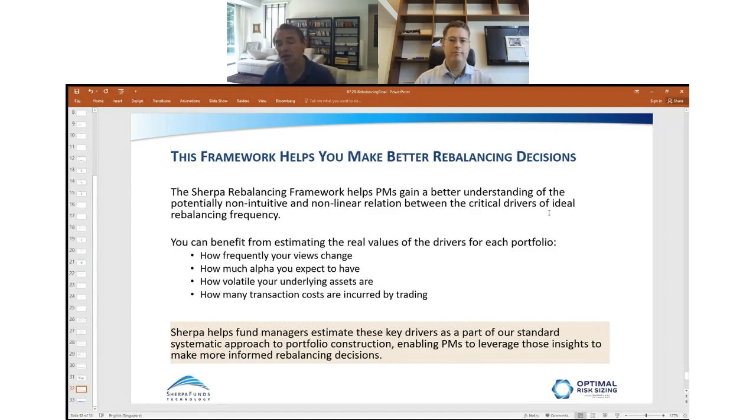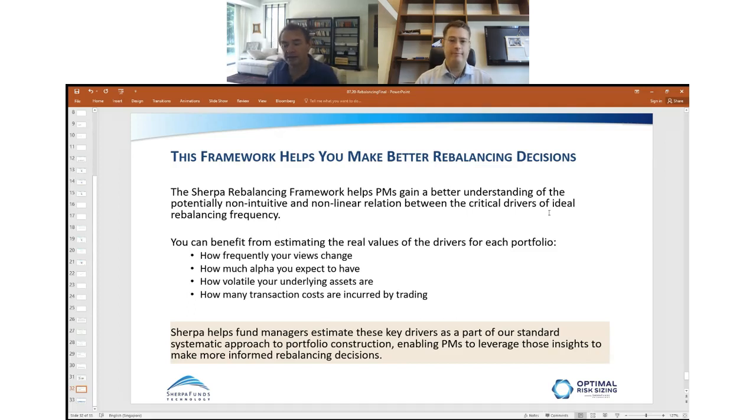And so the process which we go through with our clients at Sherpa is about understanding how they generate alpha. We don't tell them to generate alpha differently. We need to understand how they generate alpha, how frequently their views change, what the assets are. These same discussions, these same understandings not only drive the best way of building a portfolio, they also drive the best way of rebalancing and trading a portfolio.